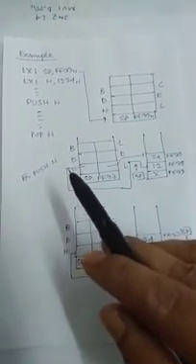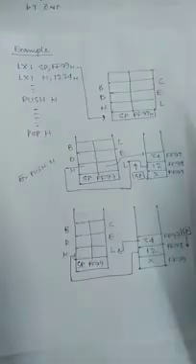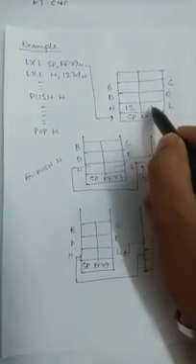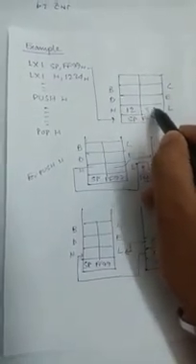However, the stack location should not interfere with the program. The next instruction is LXI H, 1234. That means after executing this instruction, the content of H is 12 and the content of L is 34.